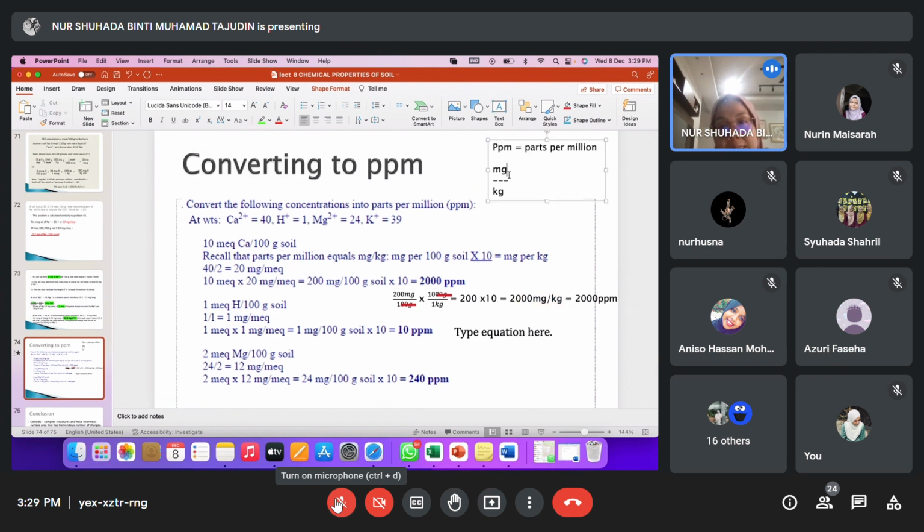I wrote it here: ppm, parts per million, equals mg per kg. Okay, clear?